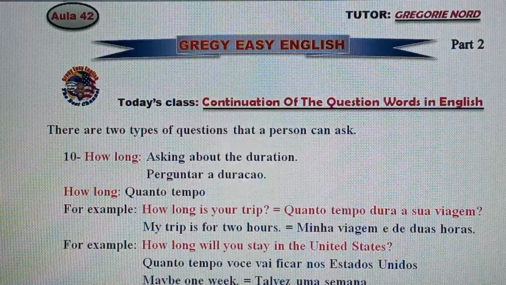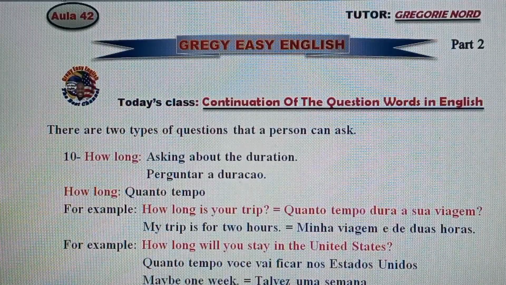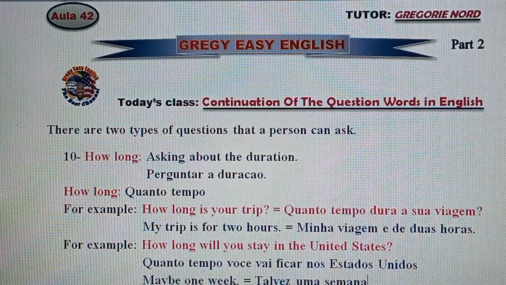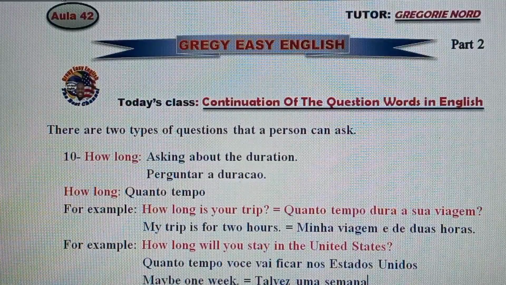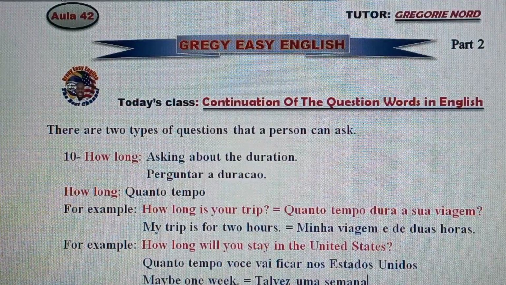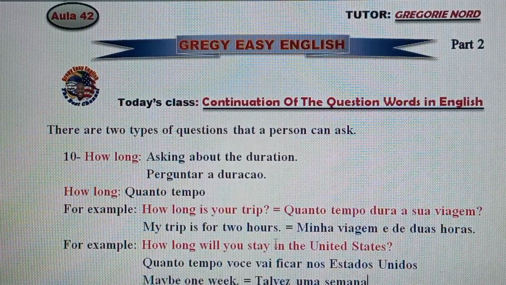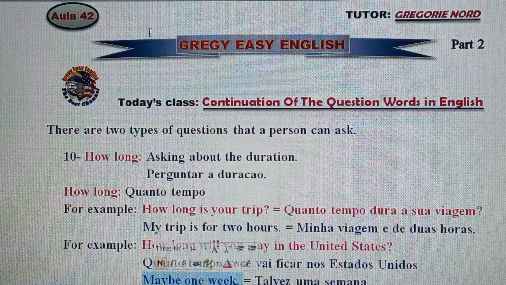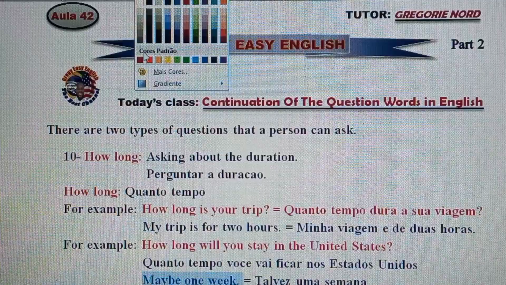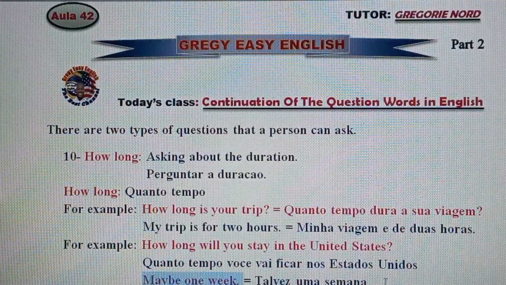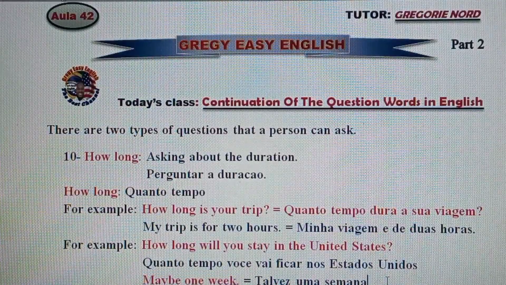How long will you stay in the United States? Quanto tempo você vai ficar nos Estados Unidos? Maybe 1 week.